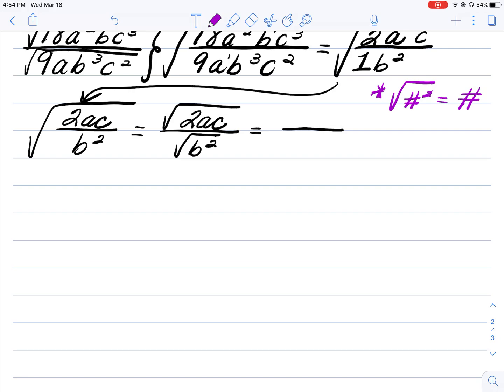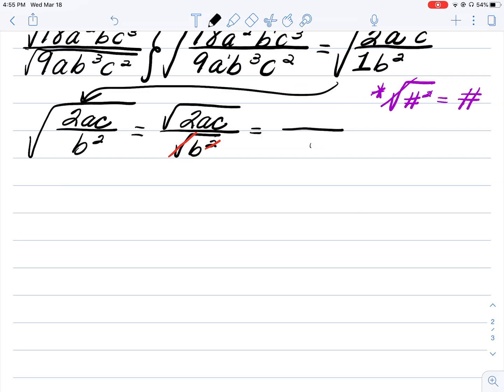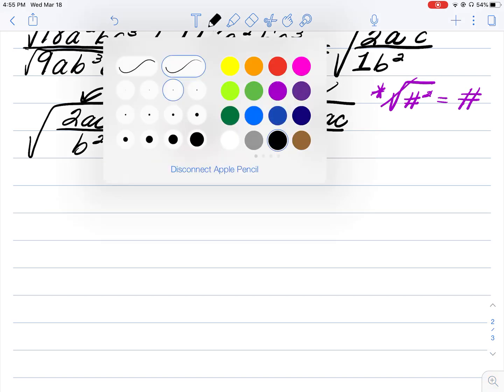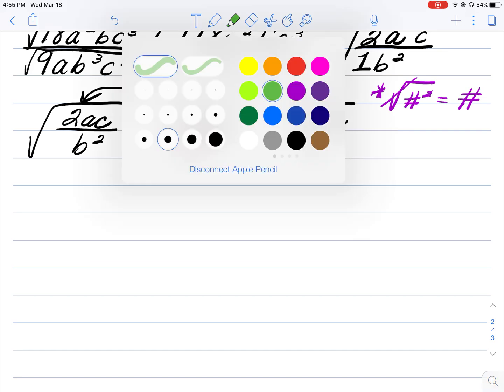And that's because squared and radical cancel each other out. So same thing is going to happen here. That square and that radical are going to cancel each other out. I'm just left with the letter B. And at the top, I have 2 square root of 2ac. And this right here, everybody, is my final answer. I'm going to highlight it in red.